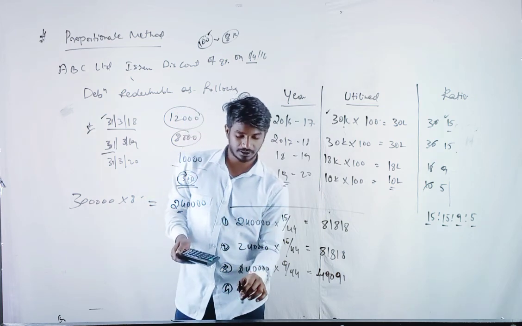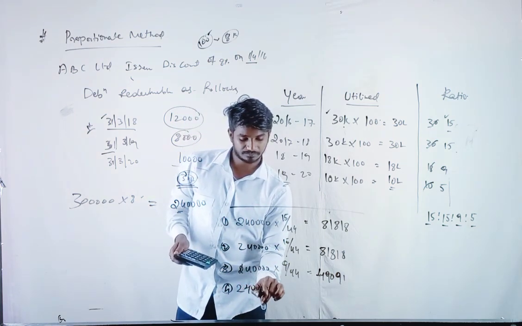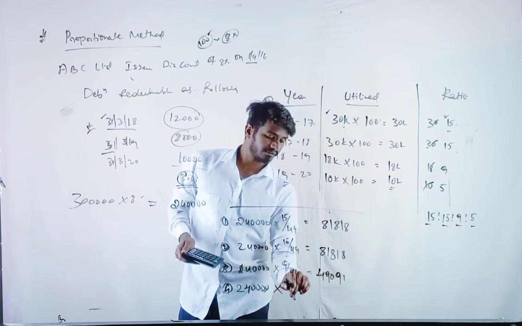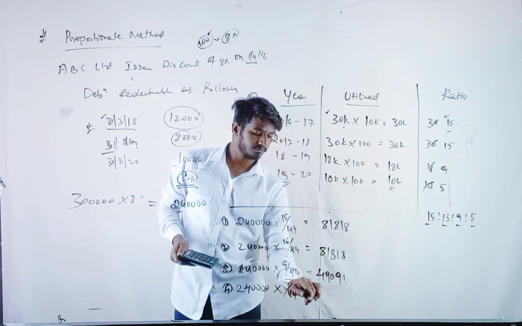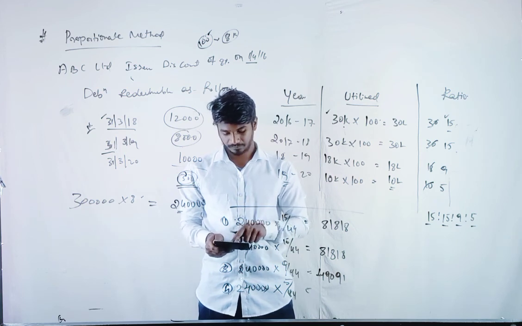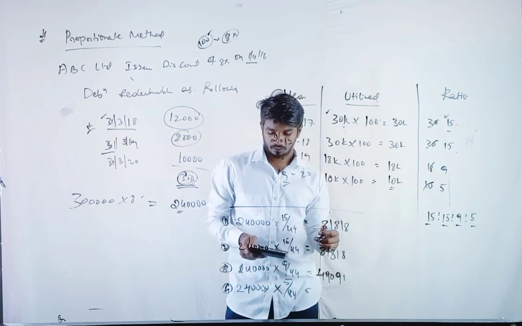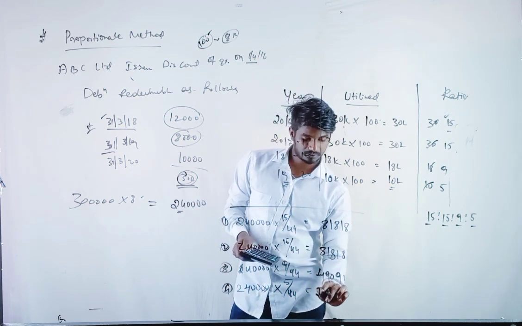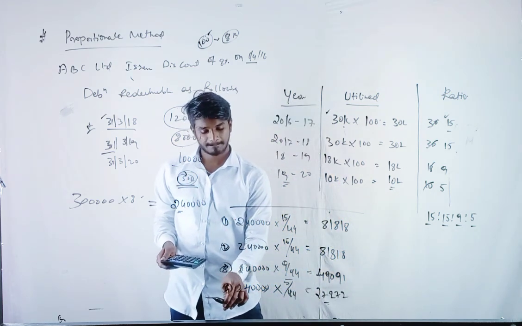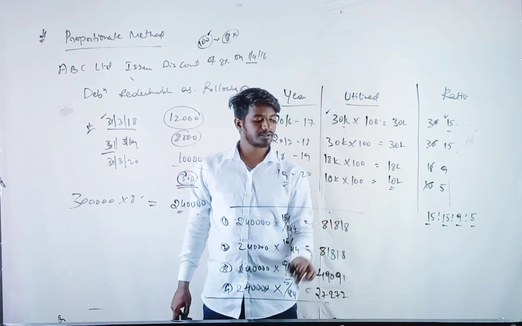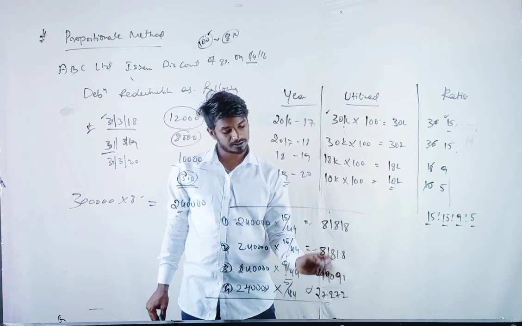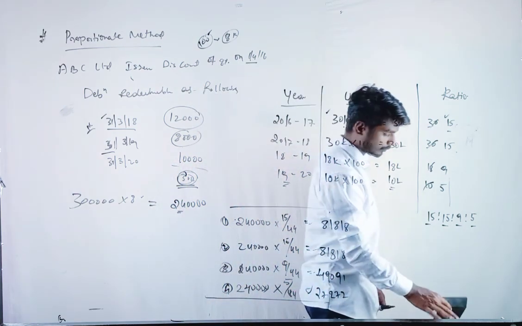Fourth year, 2,40,000 into 5 divided by 44, how much does the ratio come to? 27,272. So we can write off in the first year 81,818, in the second year the same, in the third year 49,091, and in the last year 27,272.